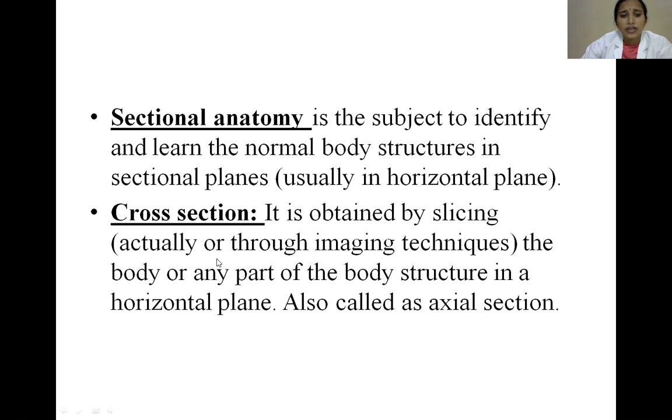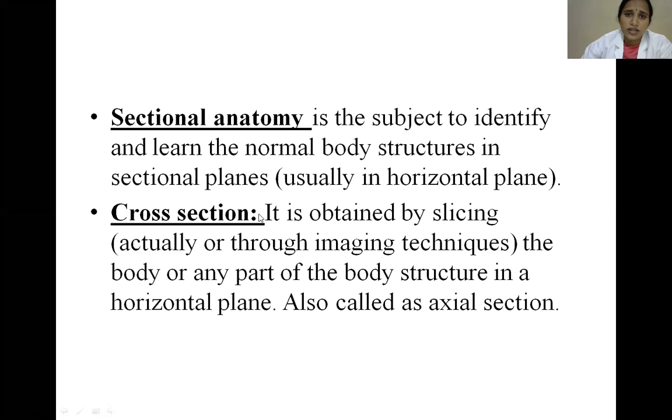So we are going to get a cross section. Usually these cross sections are preferred in the horizontal plane only, for comparison. This cross section is also called an axial section. So we will study the sectional anatomy by means of cross section.